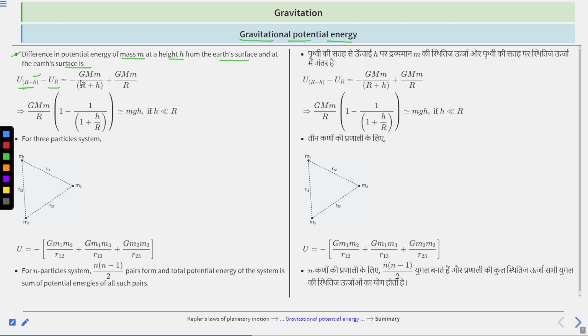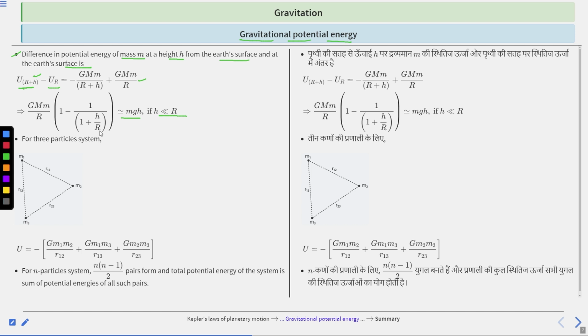So this is equal to minus GMm divided by r plus h, plus GMm divided by r, which is GMm divided by r times 1 minus 1 divided by 1 plus h by r, which is approximately equal to mgh if h is much less than r.